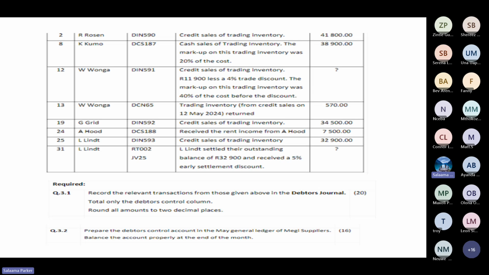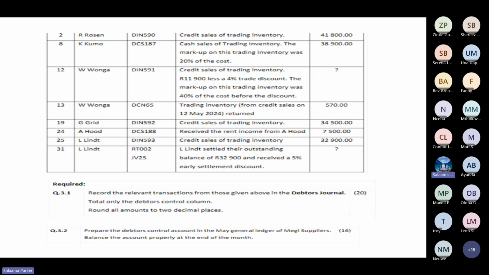But I just need you to note that in the exam, it does not mean that all the transactions that are given to you in the specific question are what you need to record in the debtors journal.